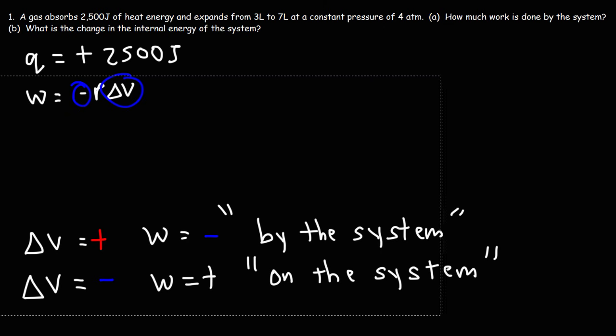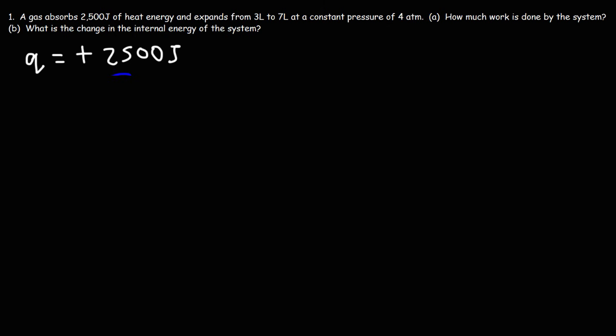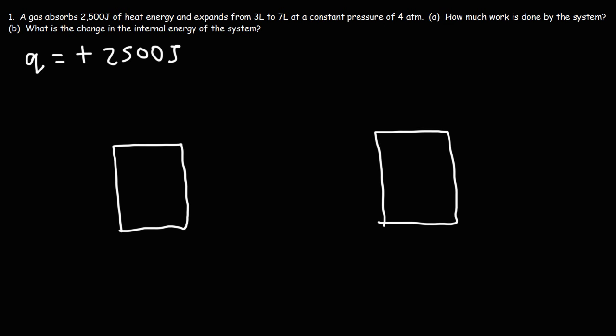Now, I want to make sure you understand the concept, so I'm going to summarize it with a picture. So let's have 2 cylinders containing gas inside of it. And here are the gas particles in each cylinder.